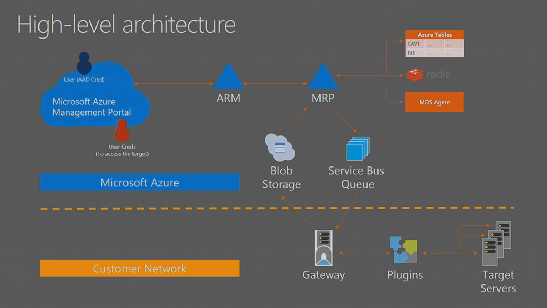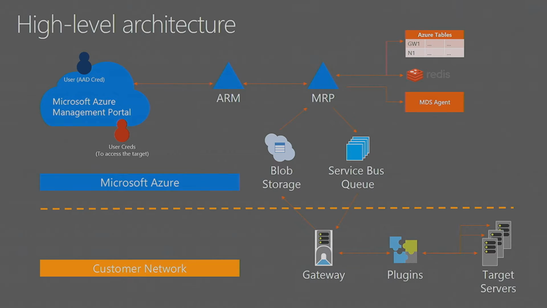And so by writing a plugin that interfaces with that existing API, you have the ability to then access those management capabilities as an alternative to having WMI or PowerShell be the mechanism. So that's what the plugins are.